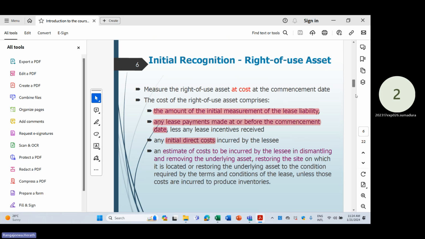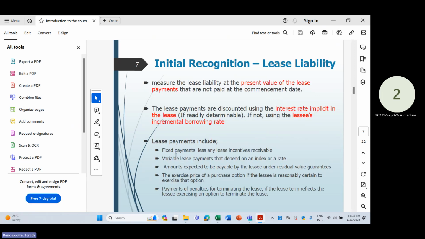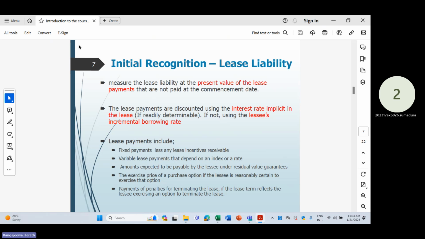So 1 million into 5 installments. That is the fixed payment. Very rarely there can be variable payment, where the lease installment is not fixed. It is linked with some kind of index, like the consumer price index or some other rate. So fixed payment or variable payment.